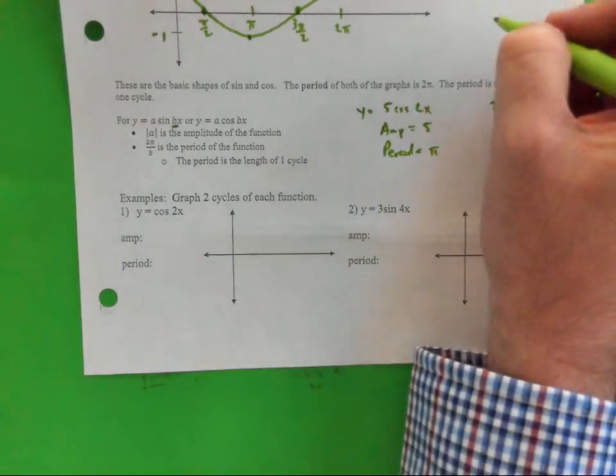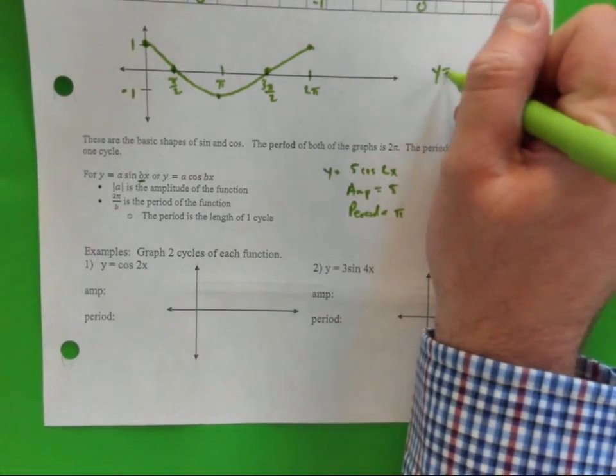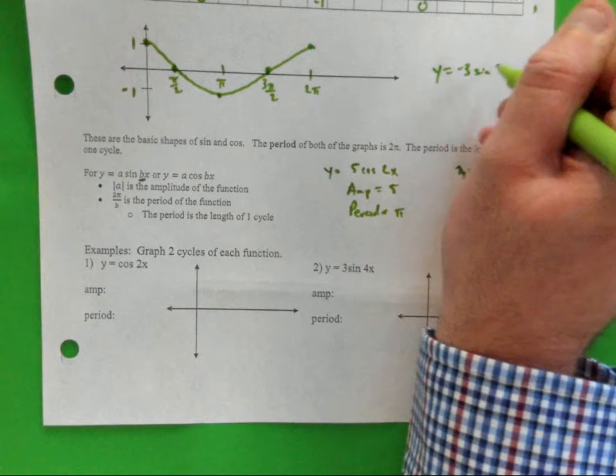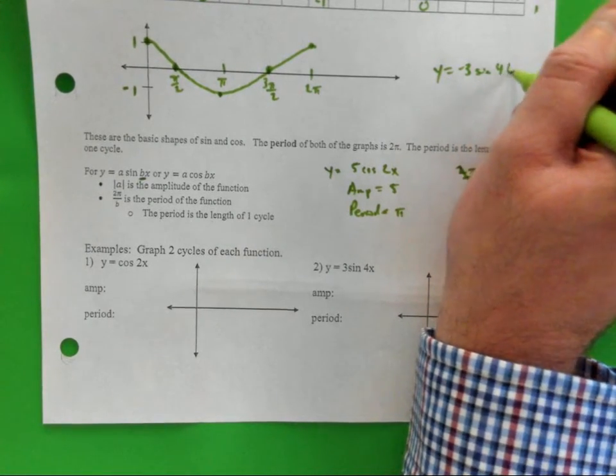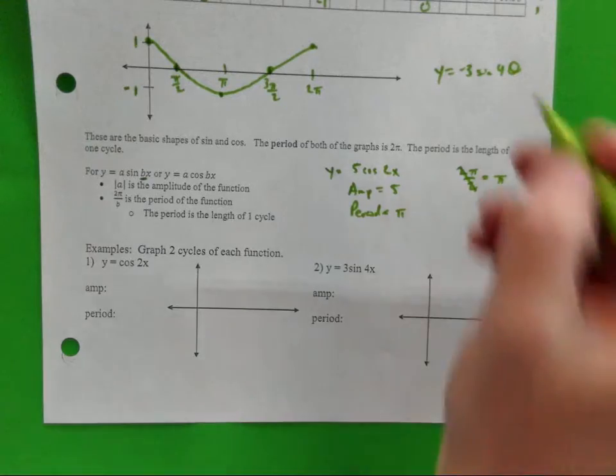Let's say I had, I'm just making up stuff right here, y equals negative 3 sine 4 theta. Now I'm going to ask you, what is the A value there? Negative 3. To find the amplitude, I would take the absolute value of negative 3. So what's the absolute value of negative 3? 3.